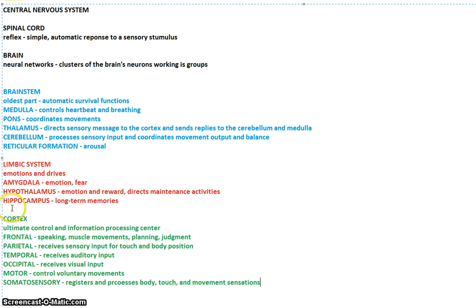So again, this is also going to be connected to that thalamus, the somatosensory component. And then finally, the last definition to throw in your notes connected to the central nervous system is the association areas. These are areas involved in the higher mental functions like learning, remembering, thinking, speaking. All those are called association areas.